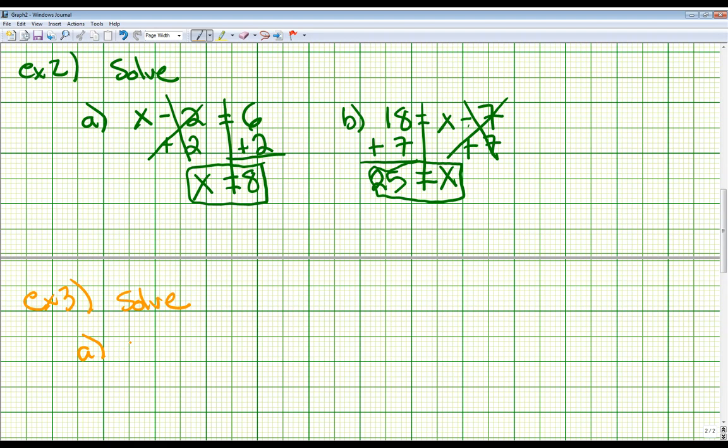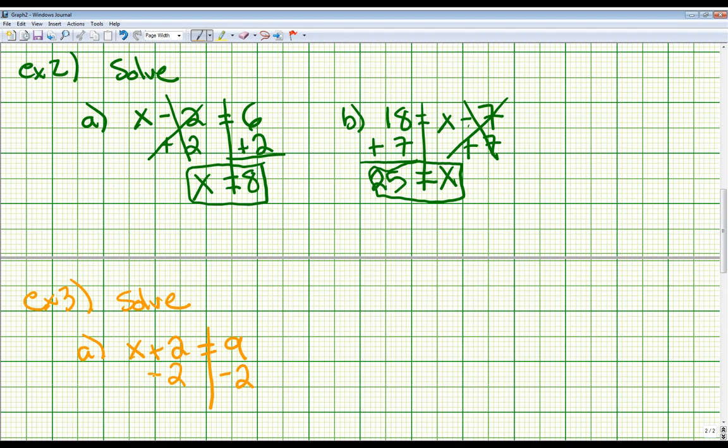So equation A that they give us is x plus 2 equals 9. We will again start out by drawing our line down the center, keeping our balance, the right and the left side balance. I see addition this time. So when I see plus 2, the inverse, or to undo that, is going to be to subtract 2. Since I'm subtracting 2 on the left, I also have to subtract 2 on the right.